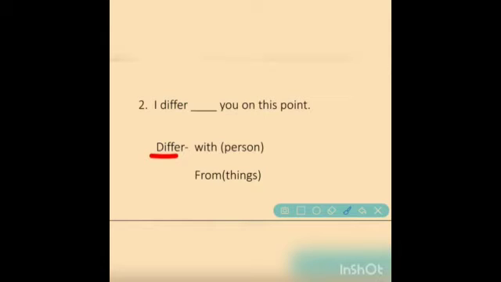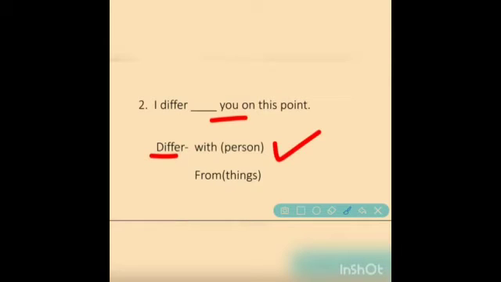So the question is, I differ dash you on this point. Whenever we differ with somebody and we differ from something. So here you is used, that means I'm differing with a person. So with will be the answer here.